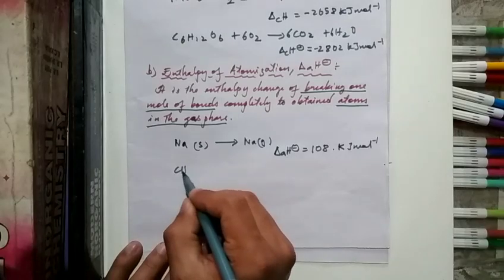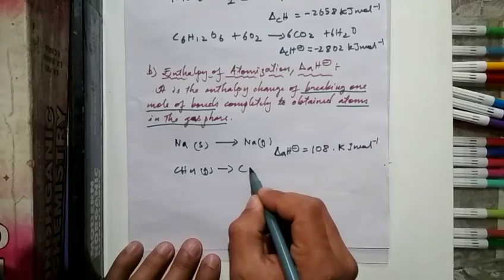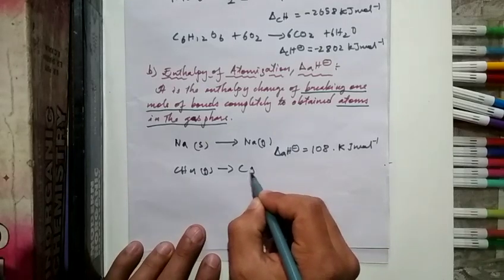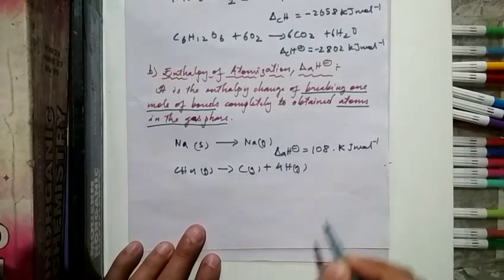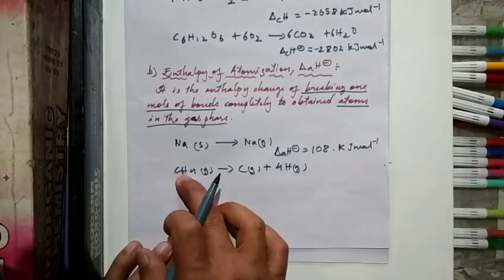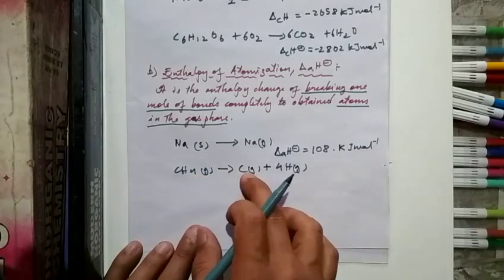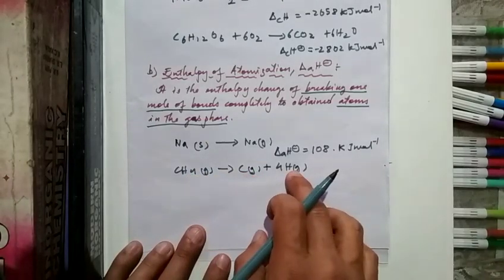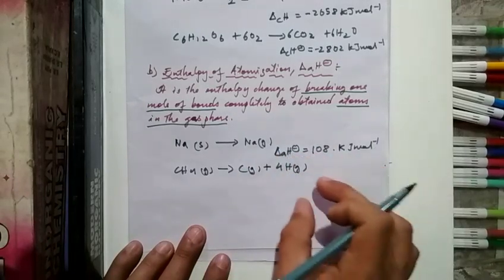Another example is methane, which is a gas. It gives carbon plus 4 hydrogen. So this 1 mole is broken down to carbon and hydrogen, that means carbon atom and hydrogen atoms.